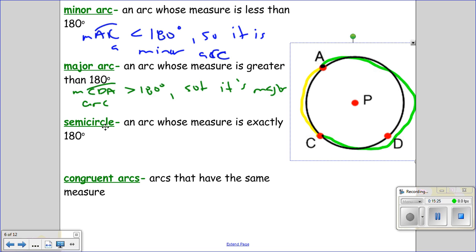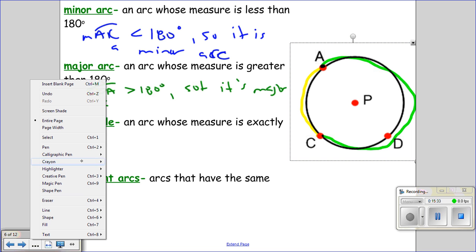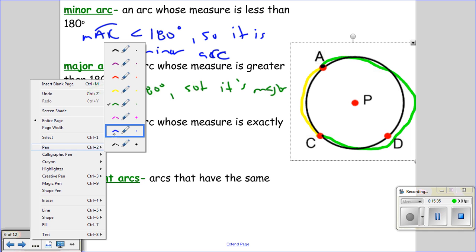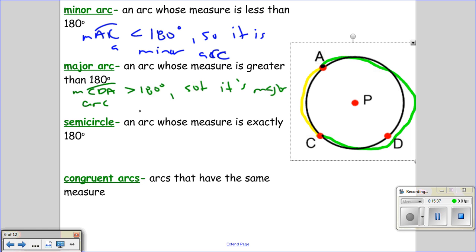Another way to find the measure of the arc is you can take 360 degrees minus the measure of arc AC, the minor arc, to find the major.